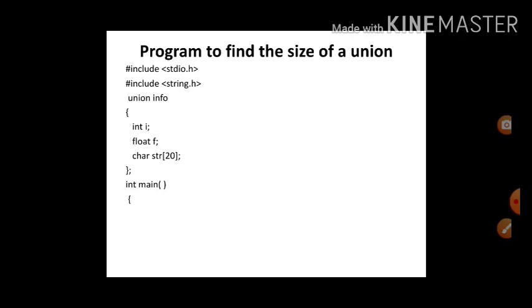Here we have declared the union as a global variable so that other functions can also access this union. We have discussed local variables and global variables during the structure.